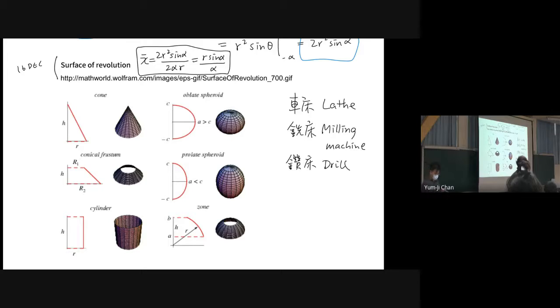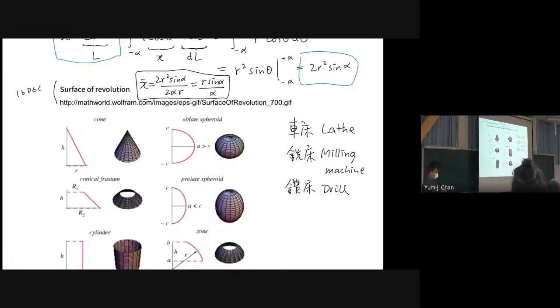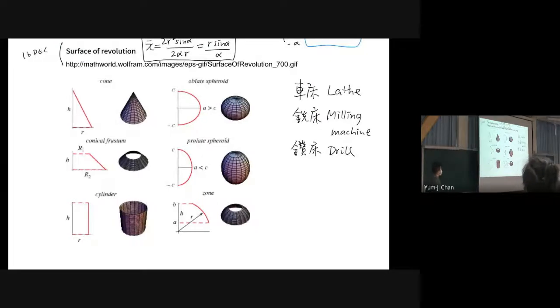Now we go to page 57 of our handout. Now we want to do, as I've mentioned on Tuesday, all of you have used lathes. When we are using a lathe, if the cutting tool moves in this direction, we will get a shape like this, right?